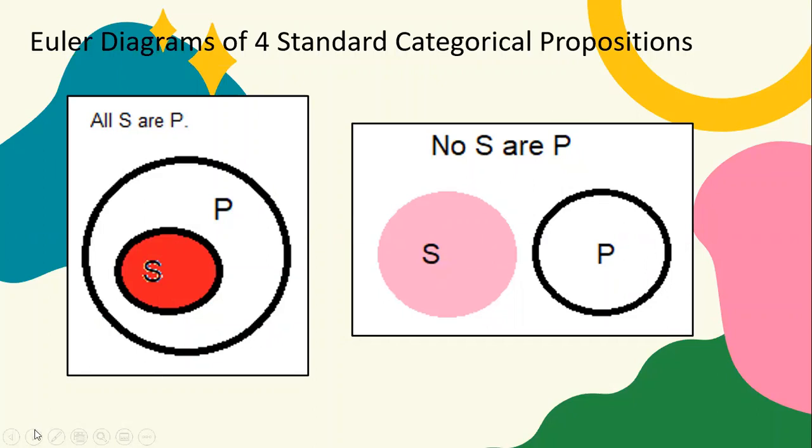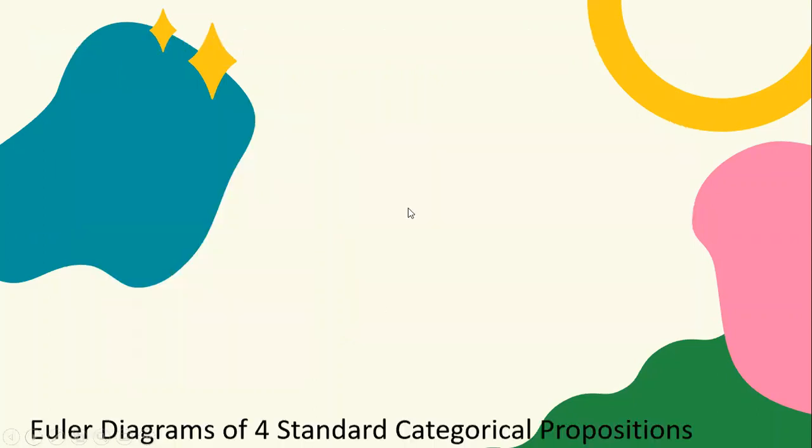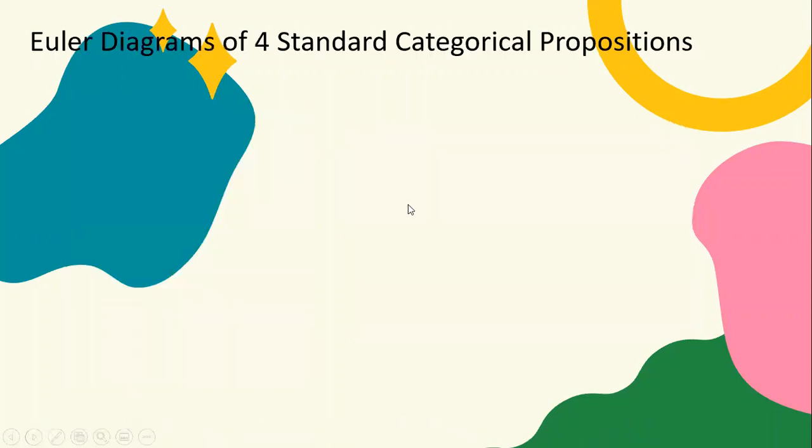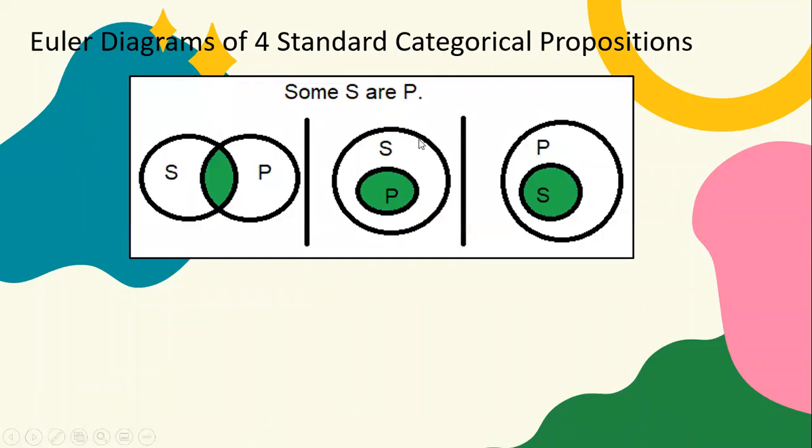Okay po. The third standard form, yung some natin. Some S are P can be symbolized by these Euler diagrams. Okay? Iba-ibang connotations kasi. Kapag meron kayo nito, some S, ibig sabihin, ilang S lamang ang P. Pwede rin maging ganito yung symbolism natin.